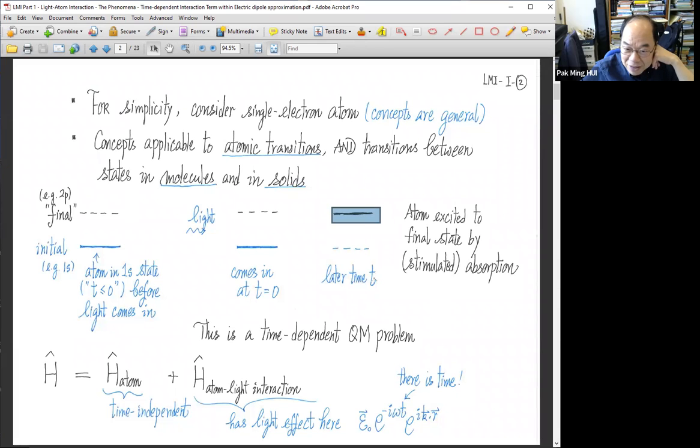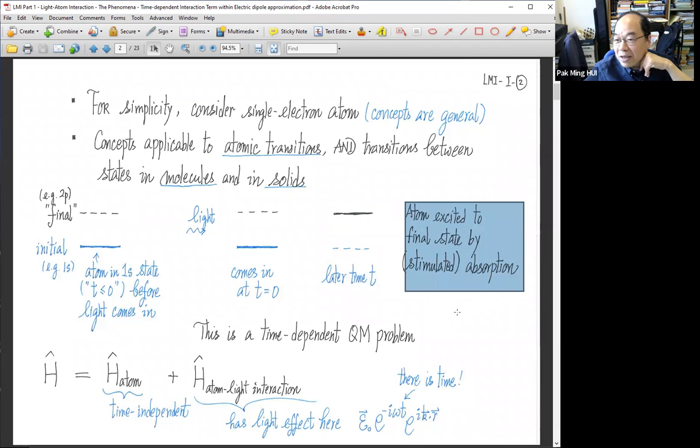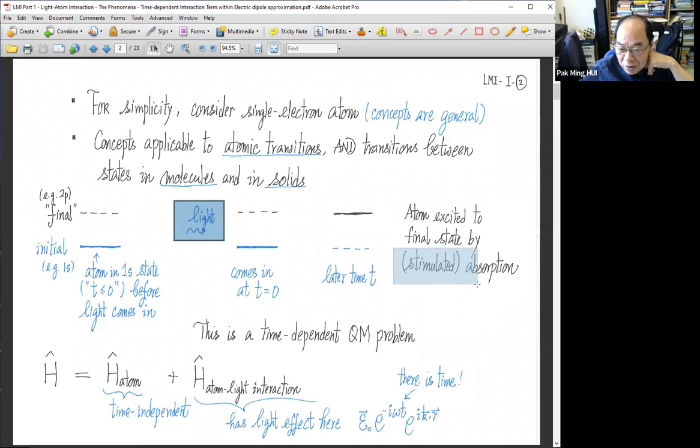to the final state. If that occurs, we think that the atom is now excited to the final state by absorption. We need some light to stimulate the absorption. So formally, we can call it stimulated absorption. I think you have heard of something called stimulated emission, right?